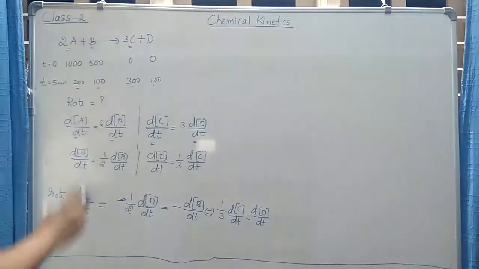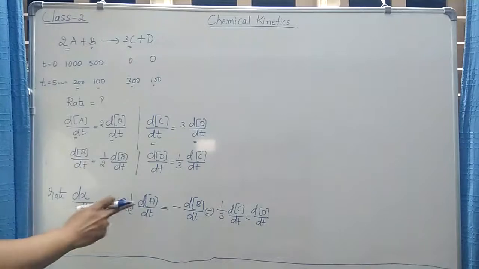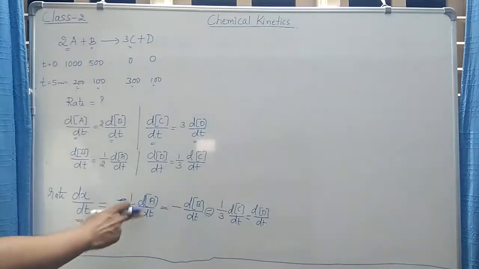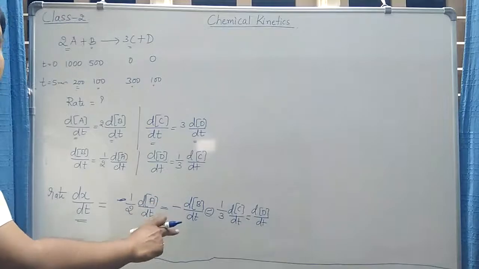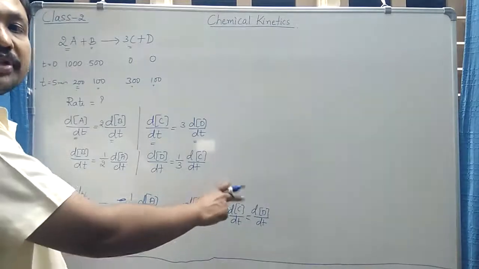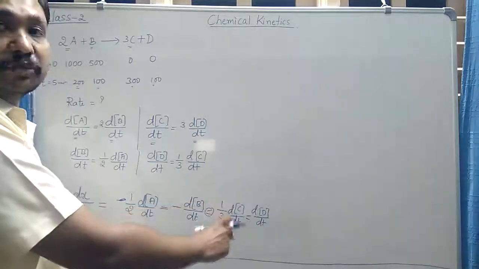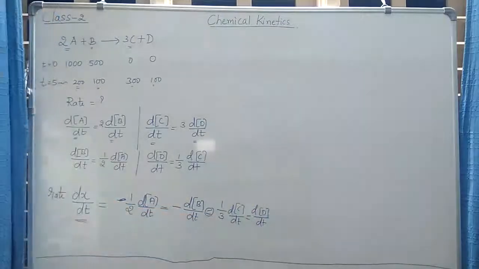So for this particular reaction, the rate of the reaction is half of the rate of disappearance of A with respect to time, or it is the rate of disappearance of B with respect to time, or it is 1/3 of the formation of C with respect to time, or it is the rate of formation of D with respect to time.